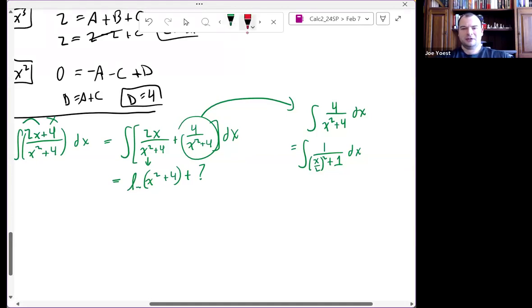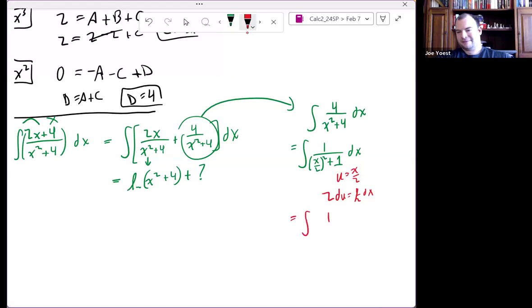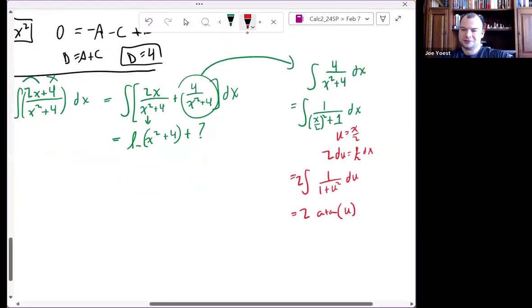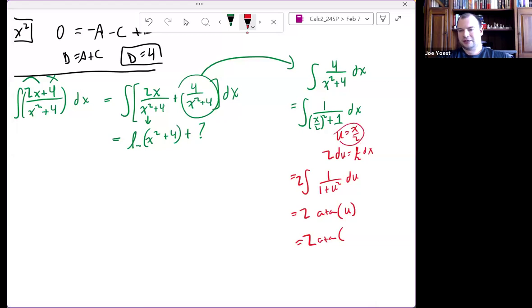Here I am going to be a little careful. There's just a lot going on here. So dx is 2 du. And then I have 2 du. This gives me 2 arctan u, or 2 arctan of x over 2.